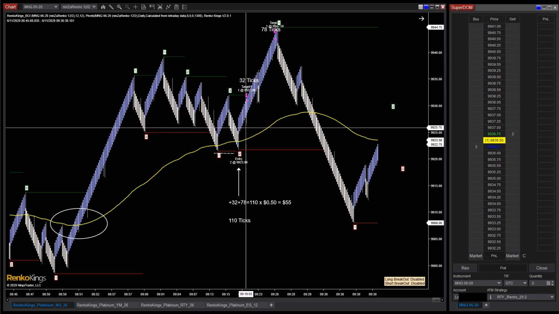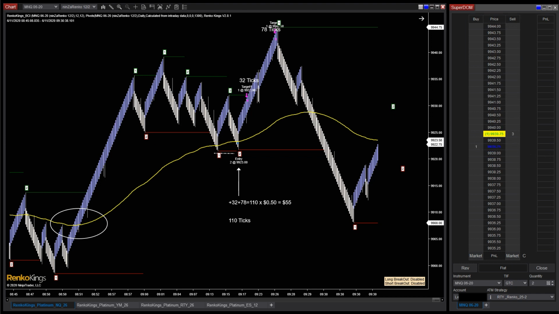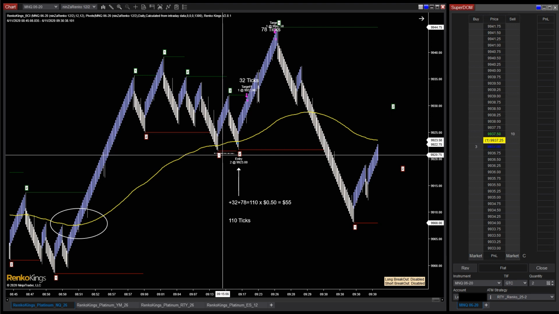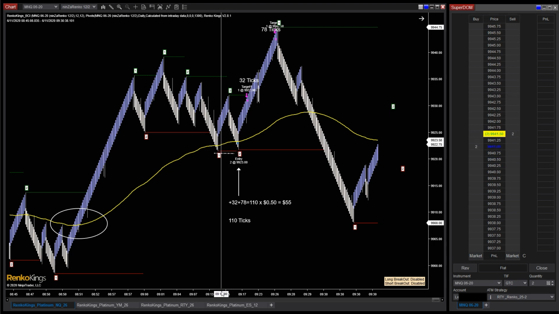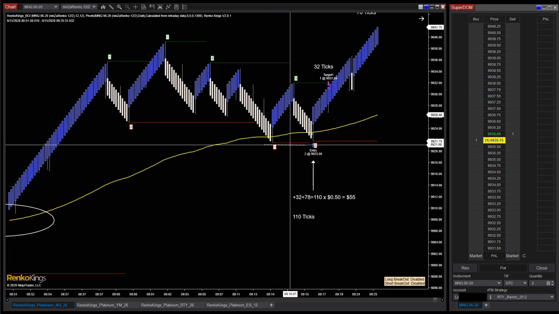So we had a double bottom, and at this point when this was coming back, we don't know for a fact whether or not, okay, we're working off of this support right here. Okay, we're working off of this support.